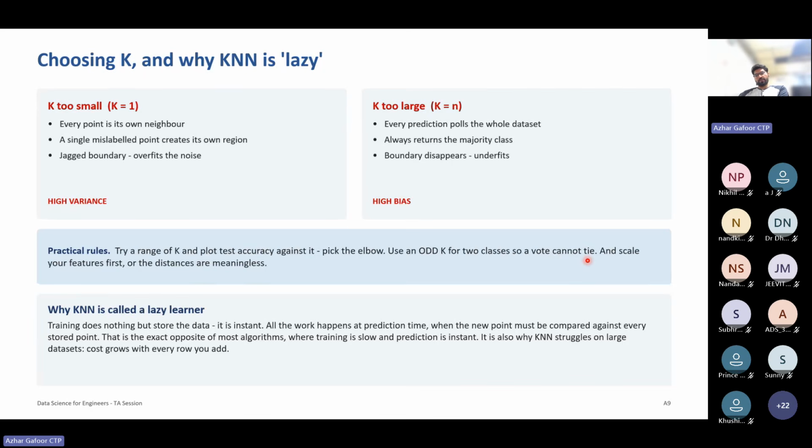That is, if you have two classes and you use 3 points, then either of the classes gets the majority. And also we have to first scale the features, because if you do not scale the features, then the distances will be meaningless.